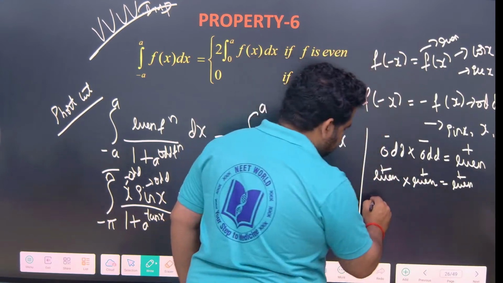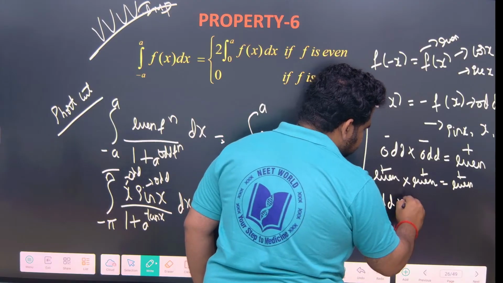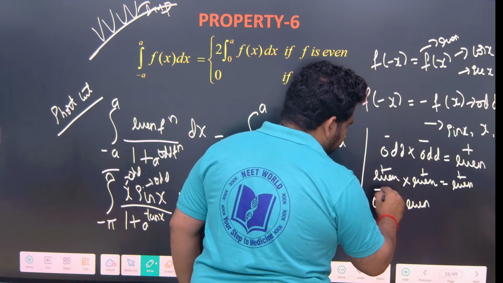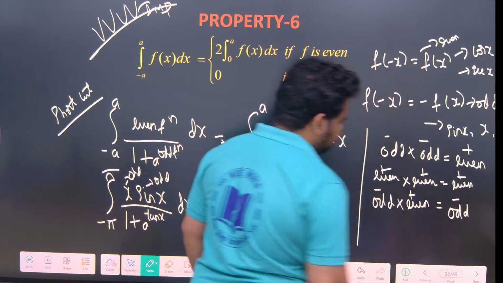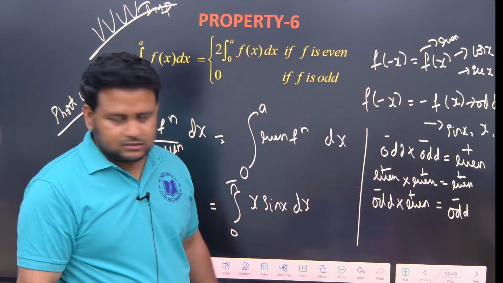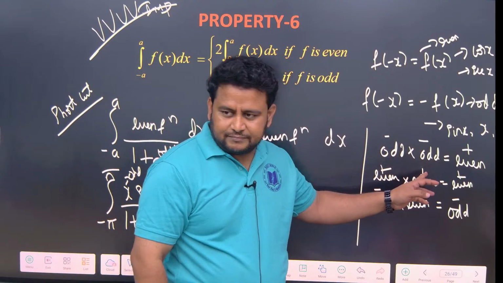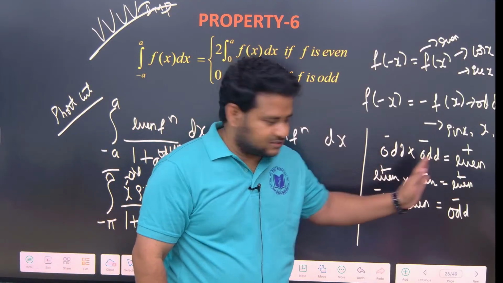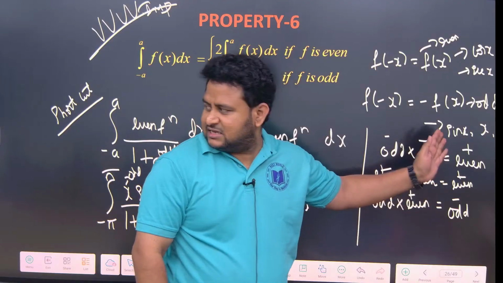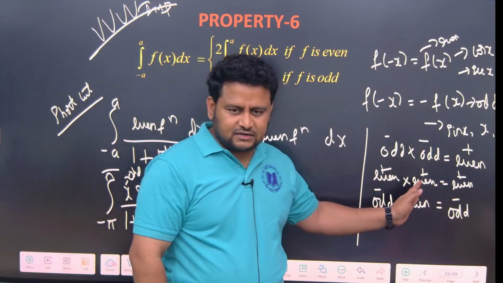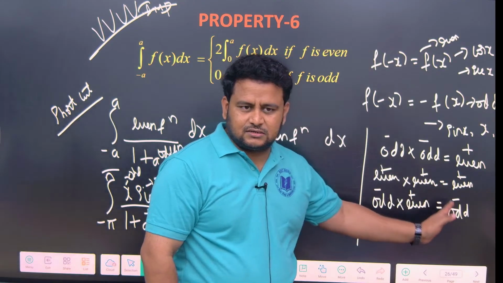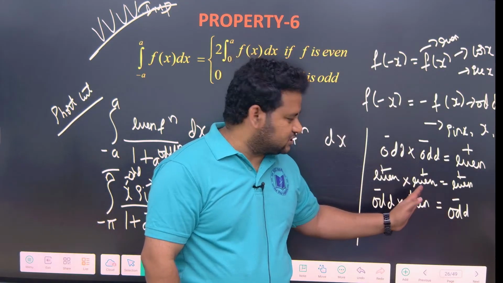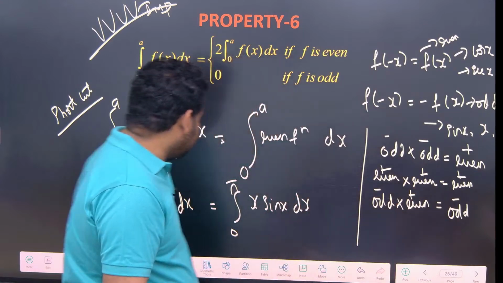If you take odd into even or even into odd, minus into plus is minus only, that is an odd function. So odd into odd is even, that is minus into minus is plus. Same into same will give us same, that is even function. Even into even is even. Odd into even is minus into plus, which is minus.